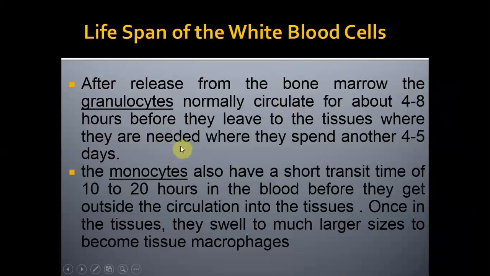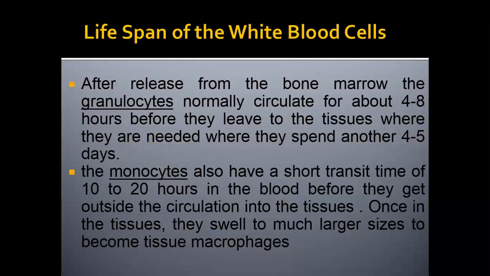So after release from the bone marrow, the granulocyte normally circulates for about 4 to 8 hours in the circulation, and then they leave to the tissues where they are needed. For example, you have an injury anywhere in the body, a cut in the skin, trauma anywhere in the body, you have an inflammatory process and you require white blood cells in that spot.